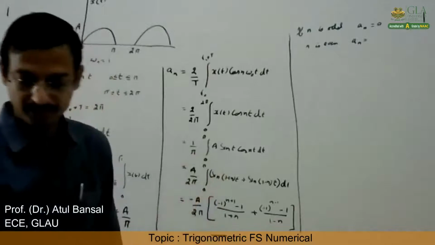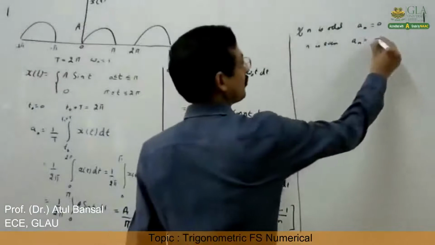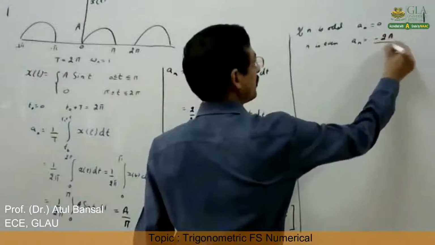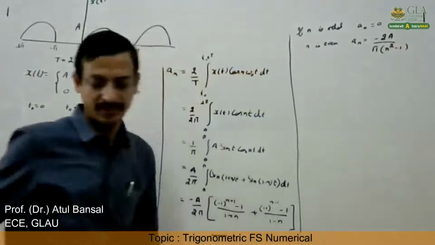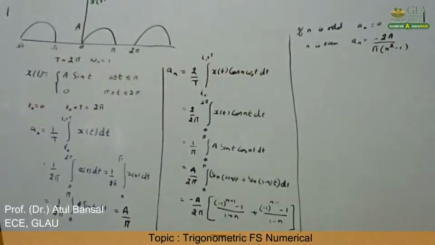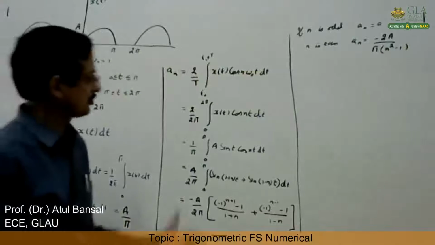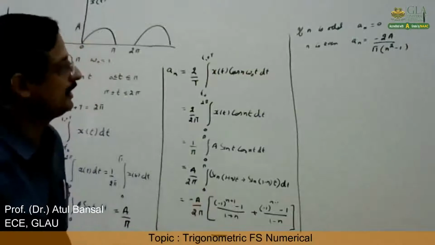So if you simplify that, it would come out to be minus 2a upon pi (n square minus 1) when n is even. So that is how we evaluate an.